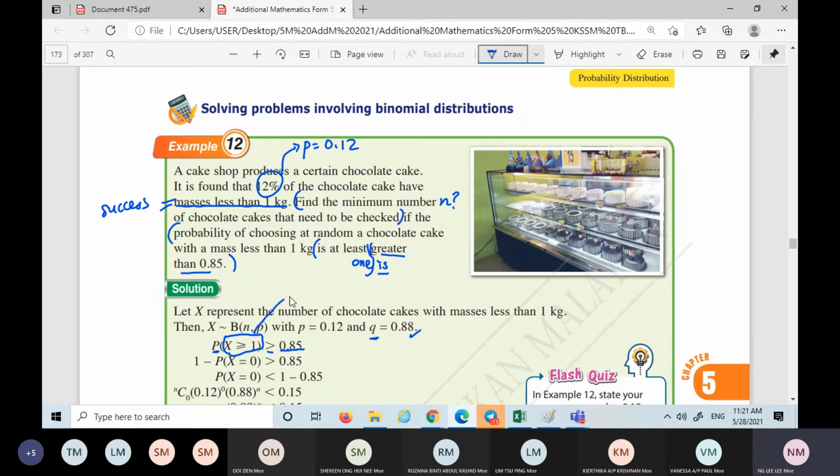At least 1 is minimum 1, sekurang-kurangnya 1. Start from 1, 1 and above. So 1, 2, 3, 4, 5, until n, because we want to find n, we don't know the n.